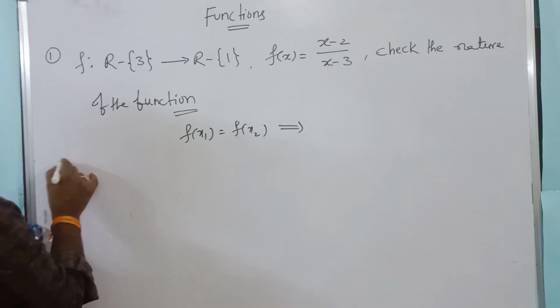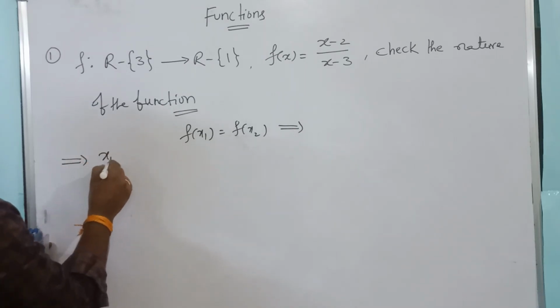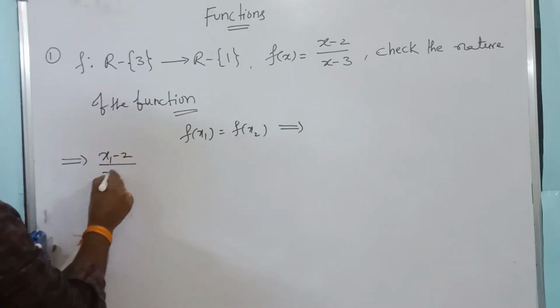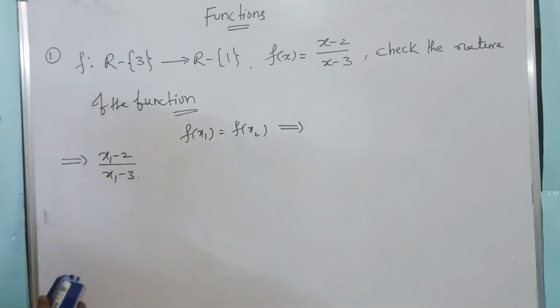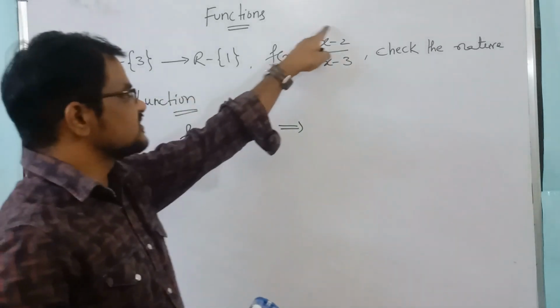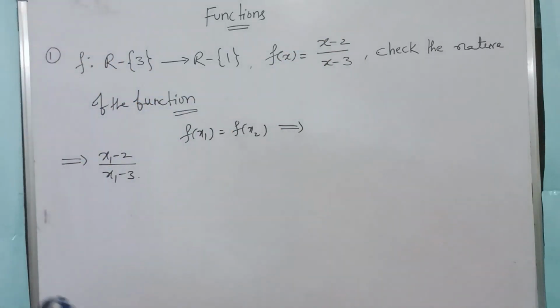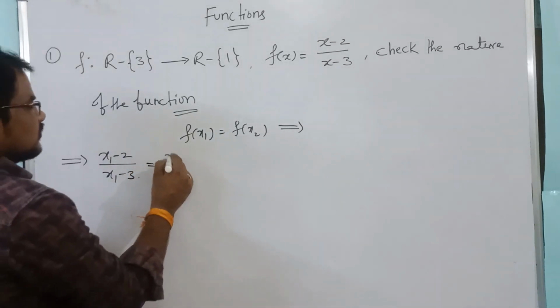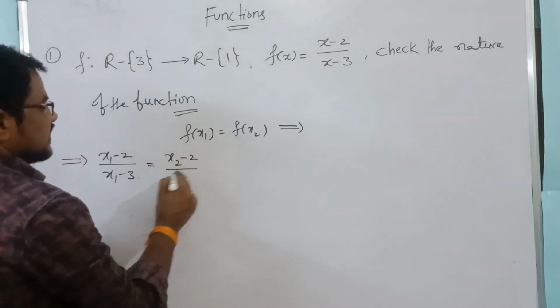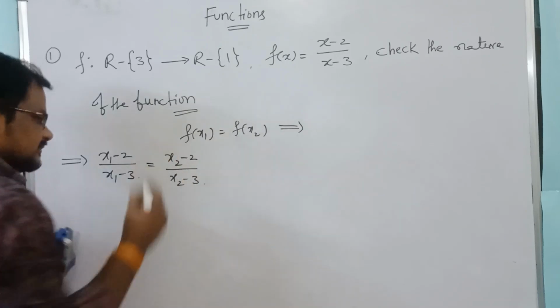That implies x1 minus 2 by x1 minus 3. So the function is defined like this, f of x equal to x minus 2 by x minus 3. That is equal to x2 minus 2 by x2 minus 3.